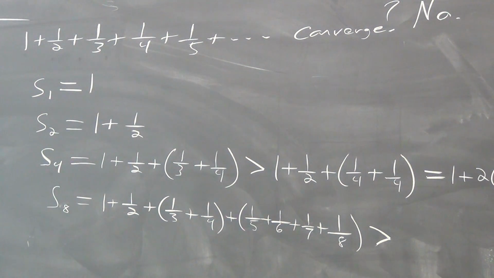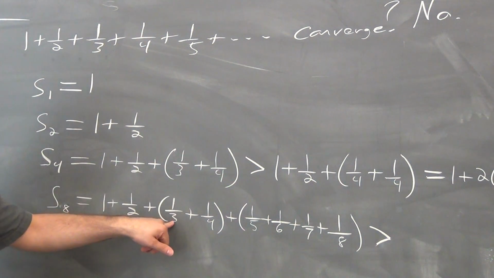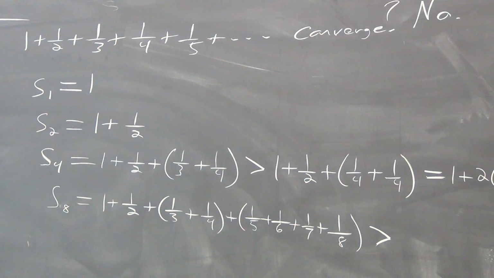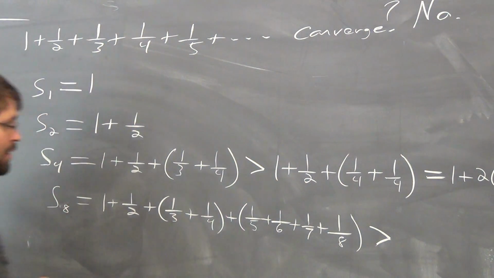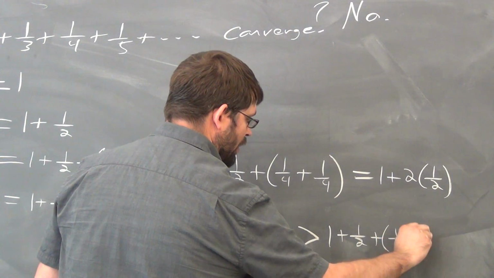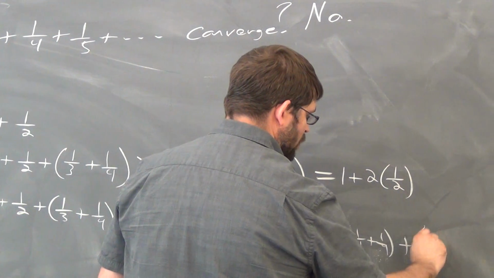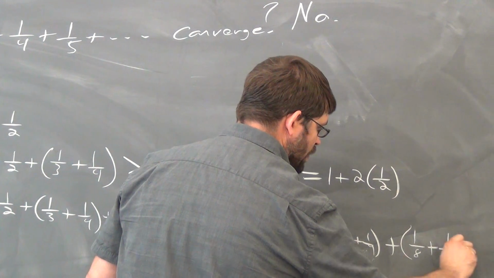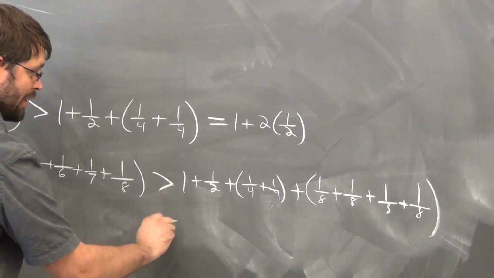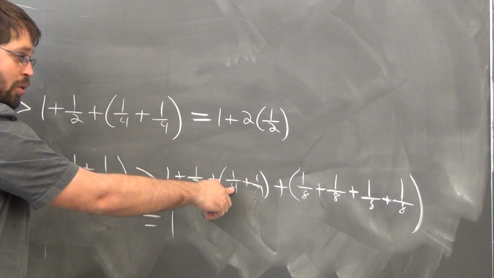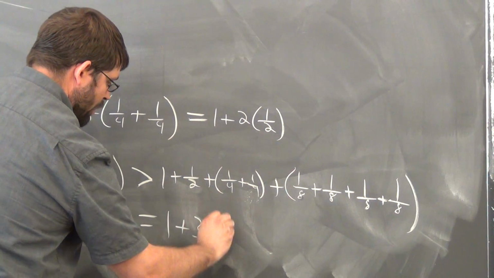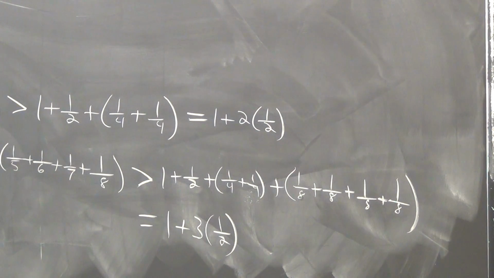So like we just did here, replace 1/3 with 1/4, replace all those with 1/8, and what do you end up with? You get another 1/2, right? So if you do that, it'll be 1 plus 1/2 plus 1/4 plus 1/4 plus 1/8 and so on. And so the point is, those are all 1/2s, right? 2 1/4s and 4 1/8s are all 1/2. So you end up with now 3 1/2s there. Does that make sense?